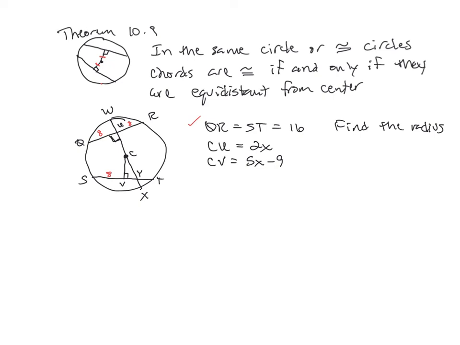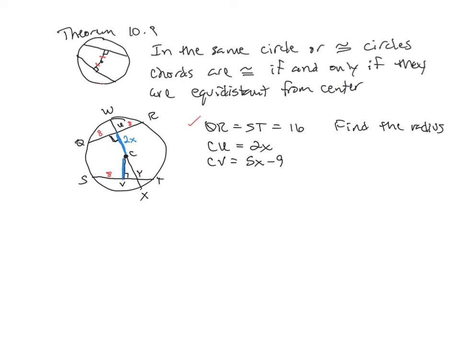All right, so CU, so that's talking about this part, is 2x, and this part, I'm not going to put the 5x minus 9 because it'll get confusing, but those are from the center to the edge, they're a right angle, like it's this theorem 10.9. Well, we kind of get to go back and forth.